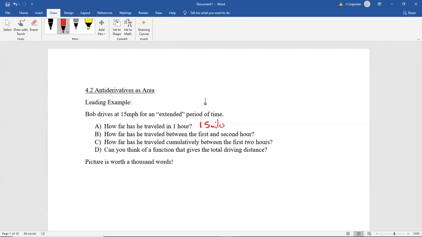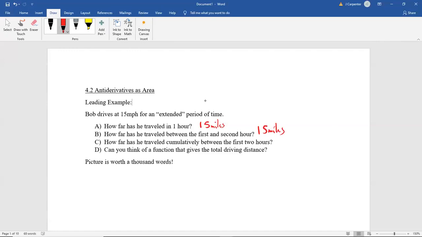If you drive your scooter at 15 miles per hour, that means in 1 hour you go 15 miles. It's literally 15 miles per 1 hour. Then, how far has he traveled between the first and second hour? This is asking the same exact question, just phrased slightly differently. It's asking how far does he travel in an hour, but specifically from minute number 60 to minute number 120. Well, that's still 1 hour's worth of time, which means he still travels 15 miles.